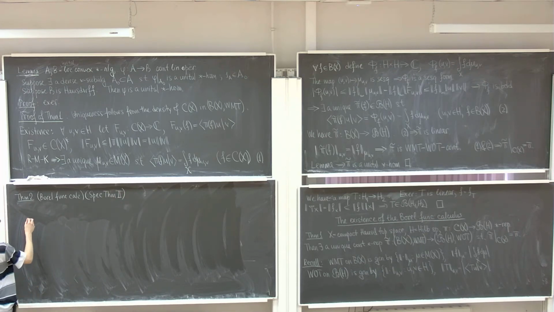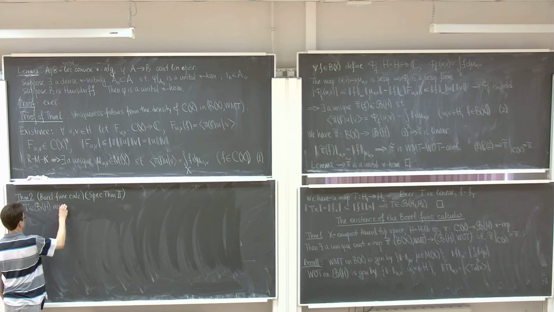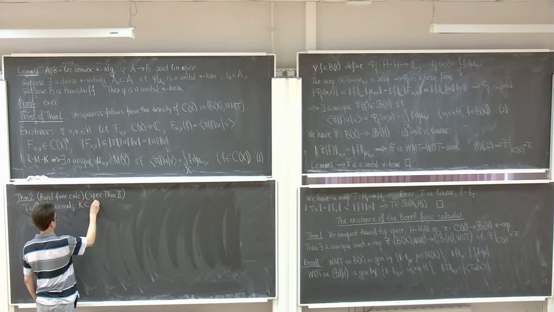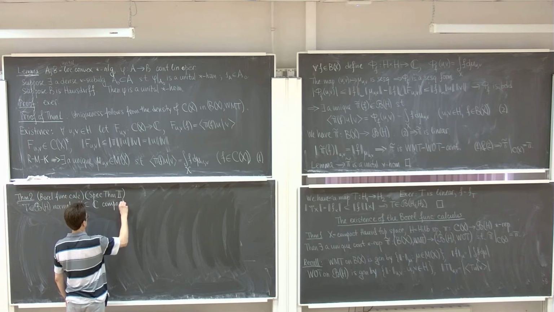Suppose that T is a bounded normal operator on a Hilbert space, and suppose that K is a compact subset of the complex plane containing the spectrum.